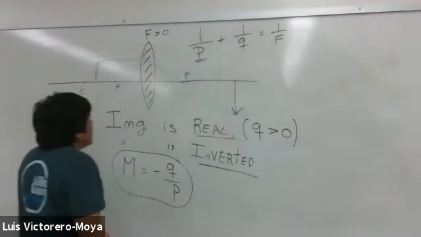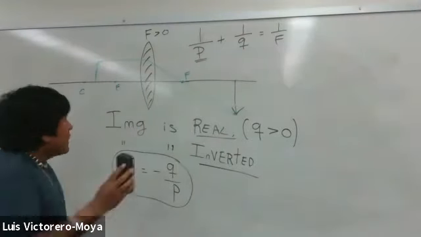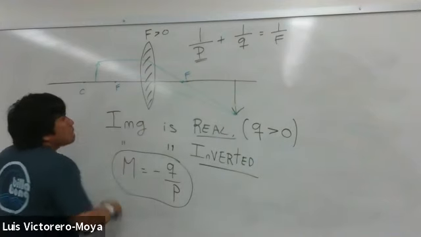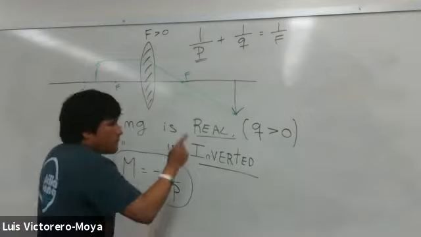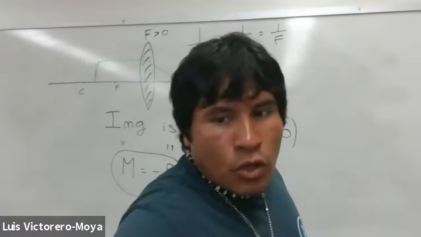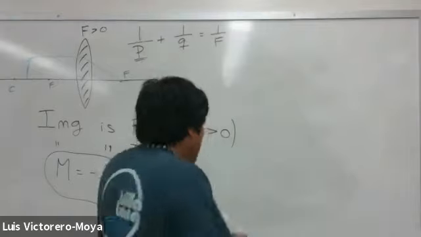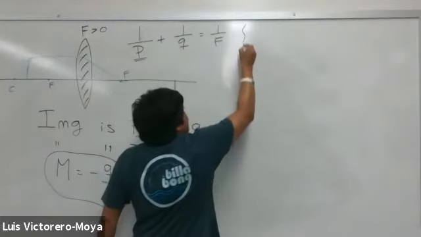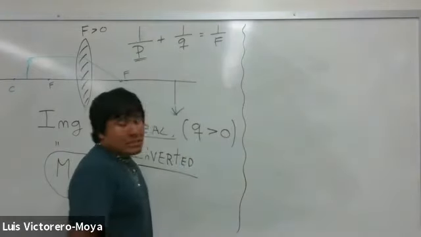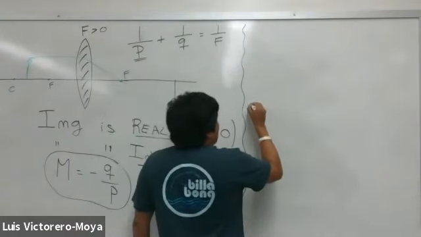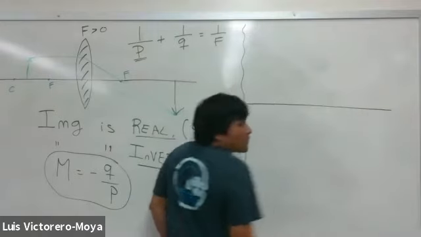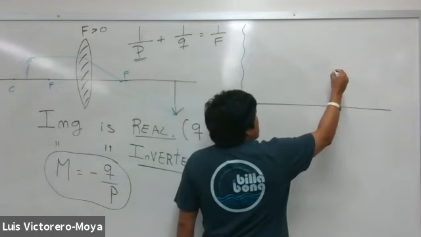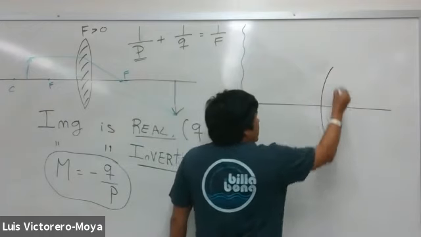Let's do, can you get a virtual image in a lens? Yes. So let's do it here. How do you get a virtual image on a lens? Again, you have something like that, and then you have your lens again here.